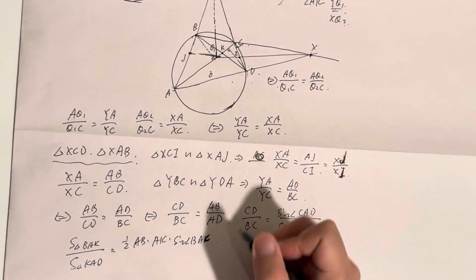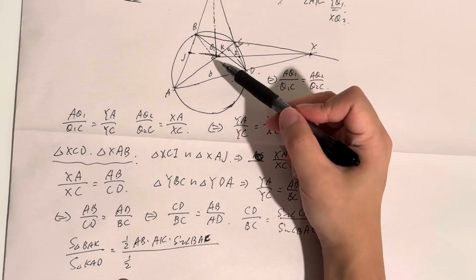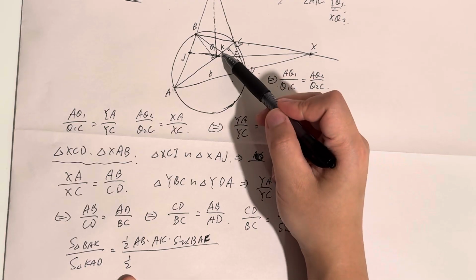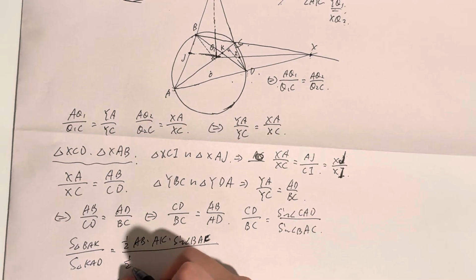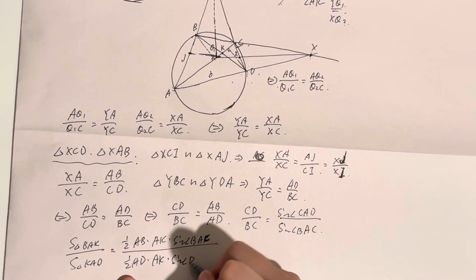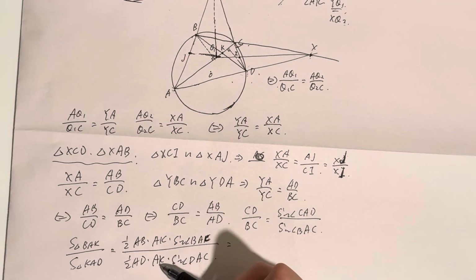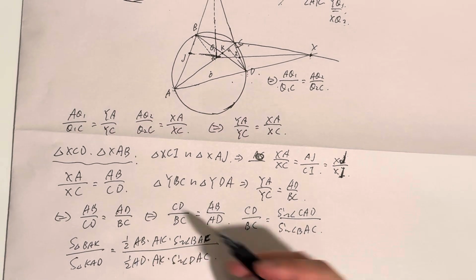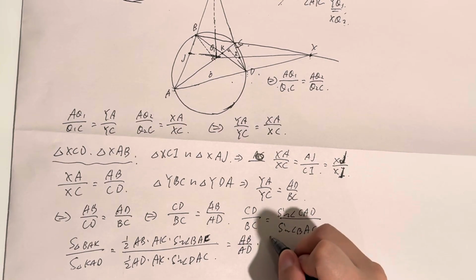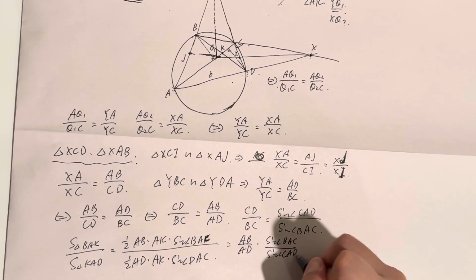So let me just write it as C2. What is the area of triangle KAD? That is half of AD times AK times sine angle DAC. Right, so you can see that AK cancels, half cancels, so it equals AB to AD times sine angle BAC to sine angle CAD.